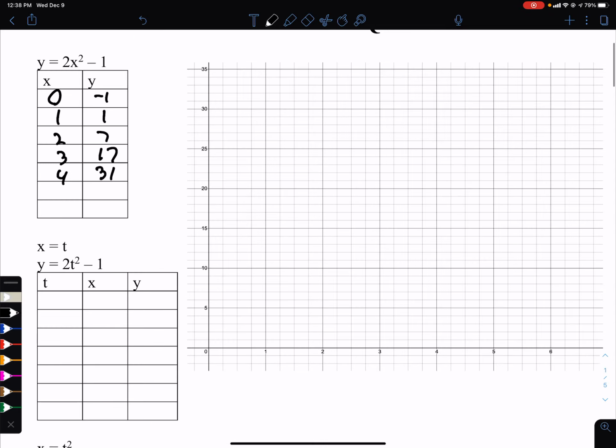And then you graph these points: 0, -1, 1, 1, 2, 7, 3, 17, 4, 31. And if you connect those, you would get a curve. It actually comes out to be a parabola, because we know that's a parabola, right?